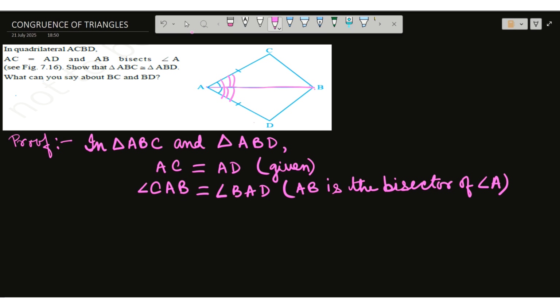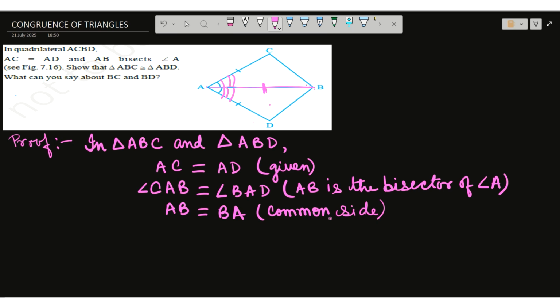Third, we can see that AB is common in both the triangles. In triangle ABC it is there, and in triangle ABD it's also there. So we can write AB is equal to BA, the common side in both the triangles, as we can see in the diagram.